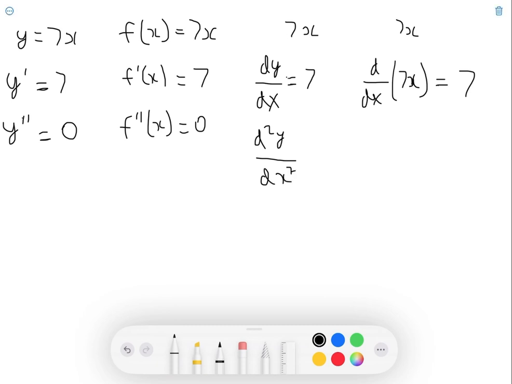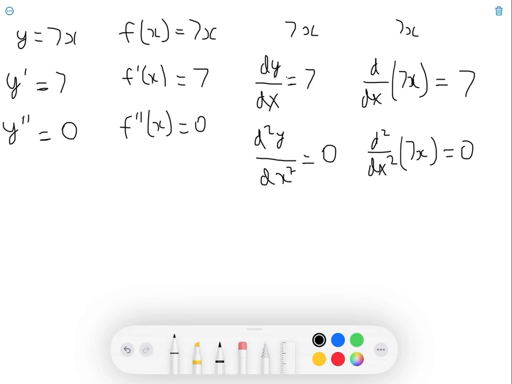The 2's symbolize second derivative. That would be 0. And if we had to take the second derivative of something and we needed an operation for that, we could write that as d2 over dx squared of the original function, and that would be 0 as well. So these are all ways to write the first and second derivatives of functions.